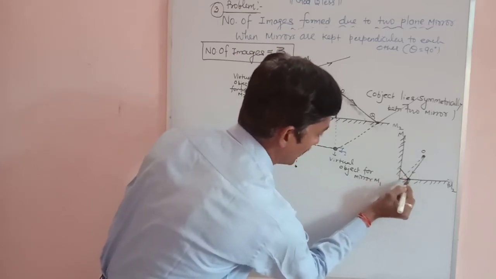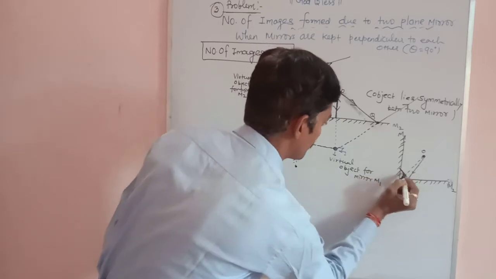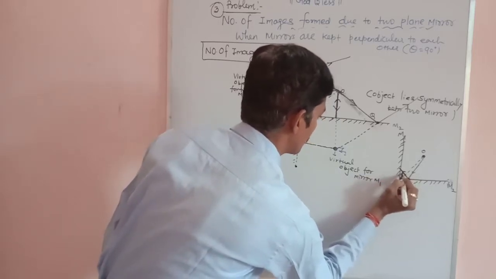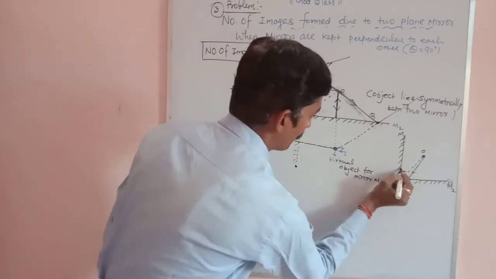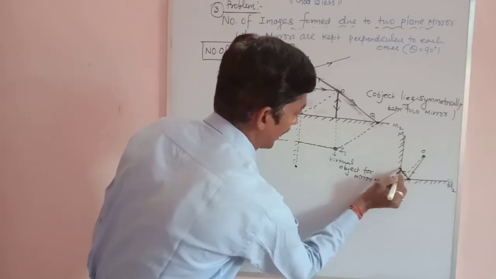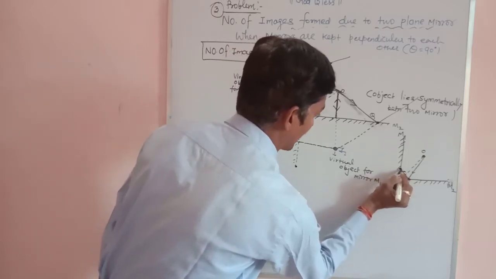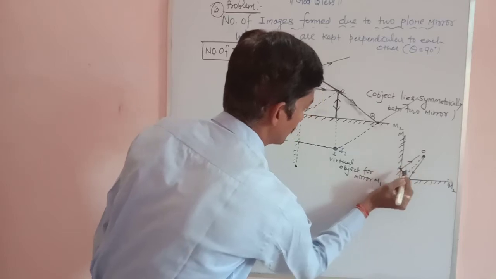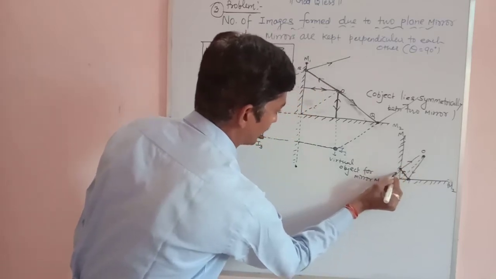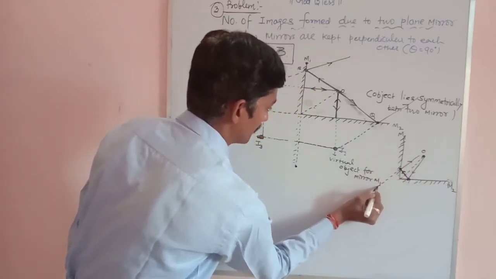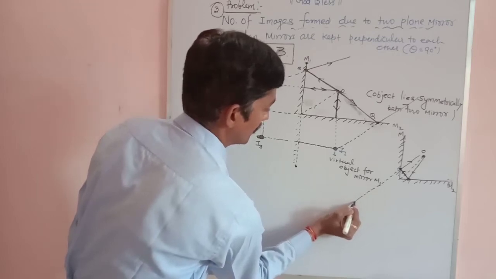It is incident here, here it reflects, and from here it will fall on this mirror M1, and from here it will reflect like this, which will be produced at the back like this.